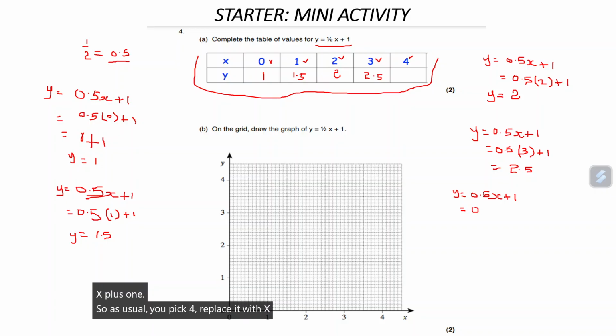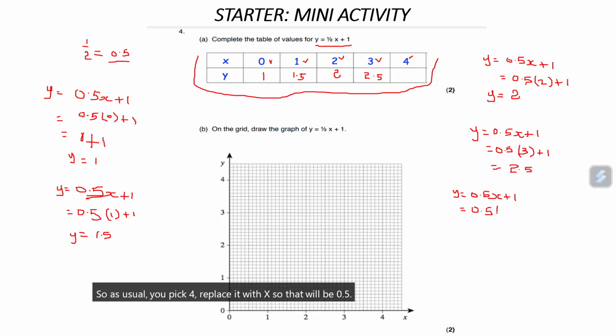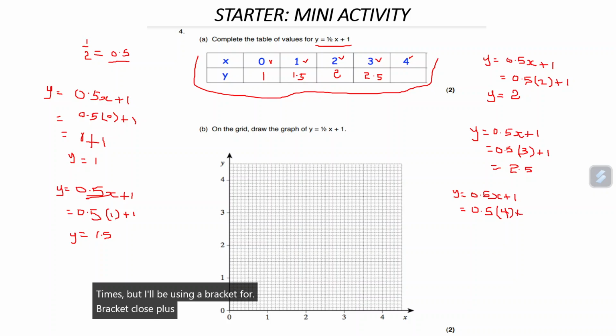So that will be 0.5 times, I'll be using brackets, 4 bracket close plus 1 here. So that is 0.5 times 4, that's 2. 2 plus 1, 3. So our value for y is 3. So here is 3.